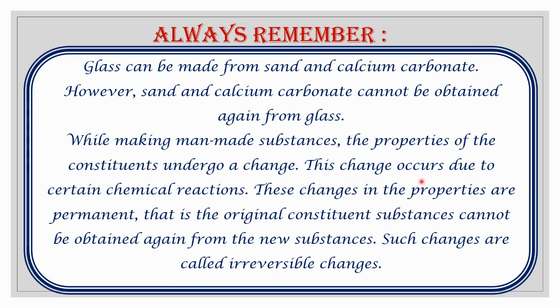This change occurs due to certain chemical reactions, and these changes in the properties are permanent. That is, the original constituent substances cannot be obtained again from the new substances. Such changes are called irreversible changes.